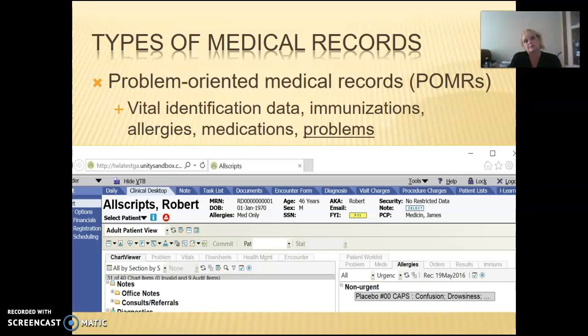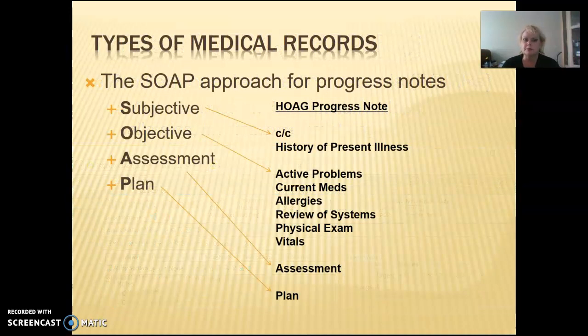So you might see problems like that, that are chronic, that are active problems and the provider manages them routinely for the patient. So that's the problem-oriented medical record, and it's simply a tab in your EMR. So the next type of medical record is the SOAP note.